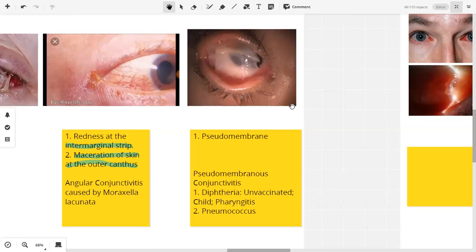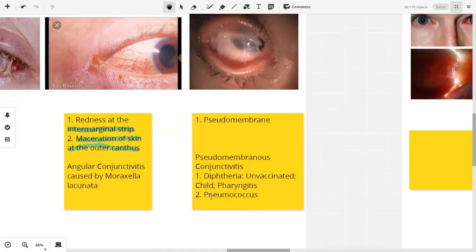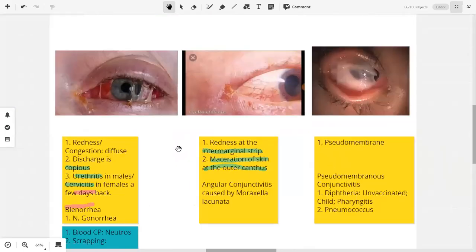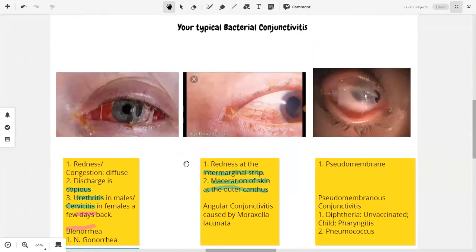Or if our patient is an adult and he has no other abnormality, then our diagnosis is pneumococcal pseudomembranous conjunctivitis. These are the three important differentials which you have to remember when discussing a typical case of bacterial conjunctivitis. Yes, the list goes on and on.